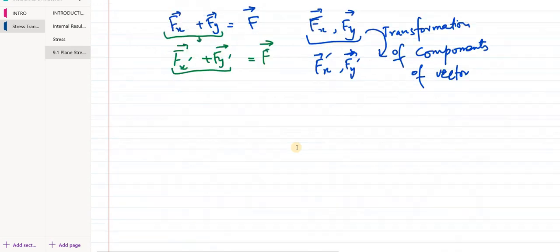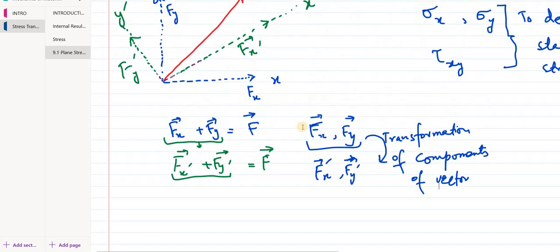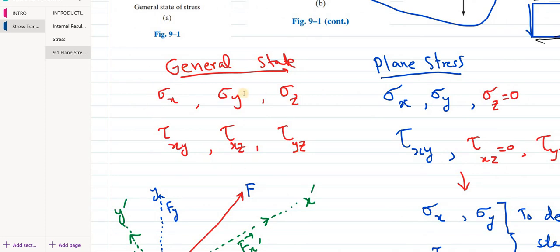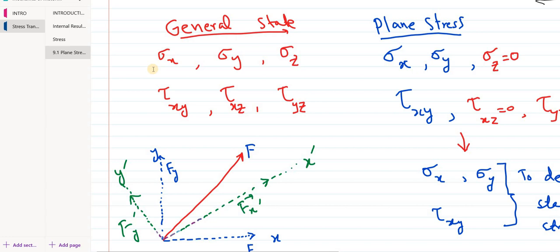But stress needs to be completely defined. State of stress is completely defined by 6 components. Compared to a vector which in 3 dimensions can be completely defined by 3 components, Fx, Fy, and Fz, or maybe Fx prime, Fy prime, and Fz prime.